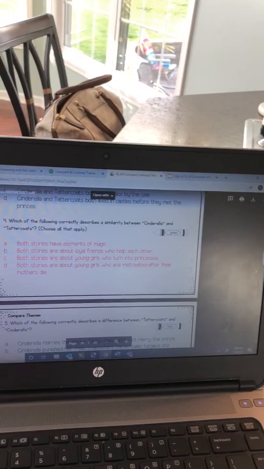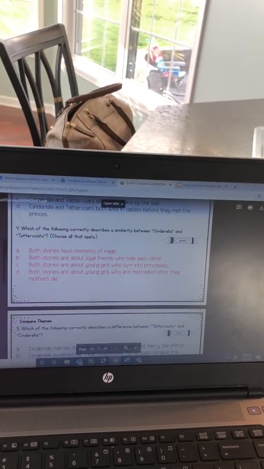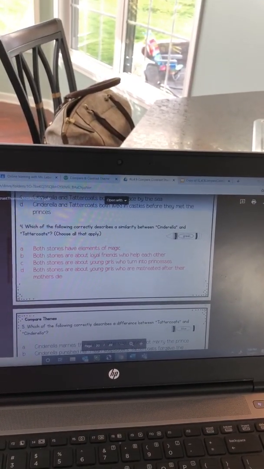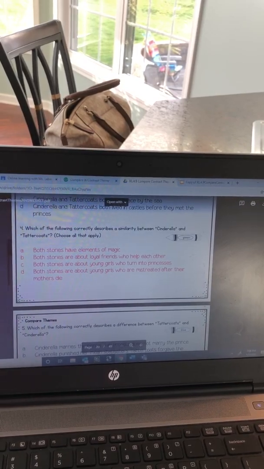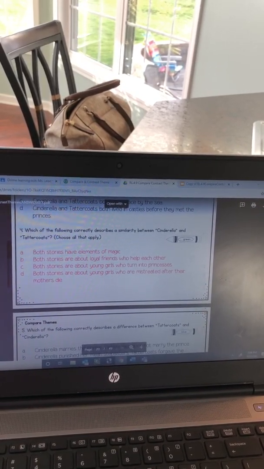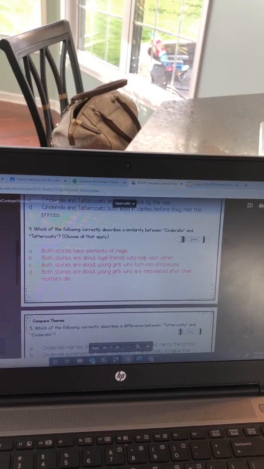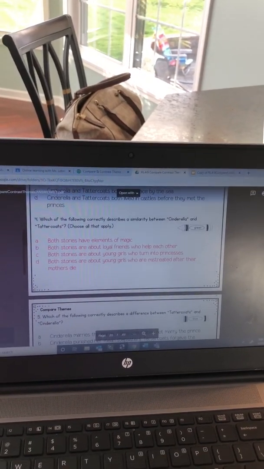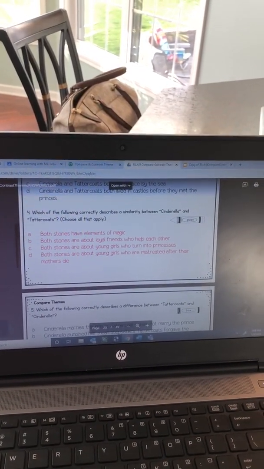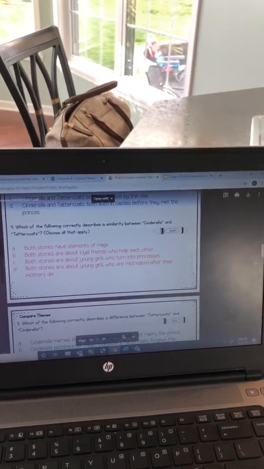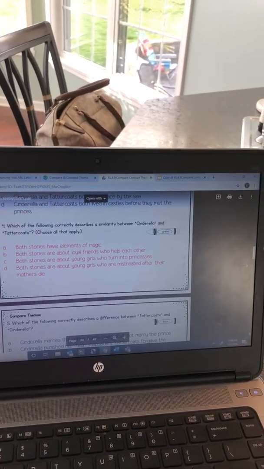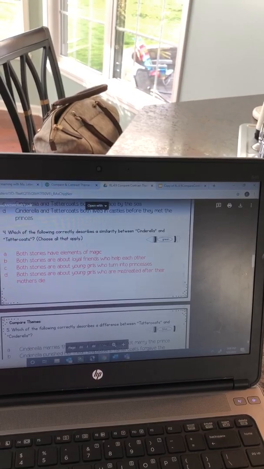All right, number four. Which of the following correctly describes a similarity between Cinderella and Tattercoats? Looking at these four choices, both stories have elements of magic. They're both kind of like fairy tales or magical. Both stories are about loyal friends who help each other.